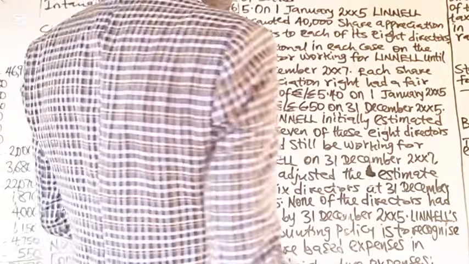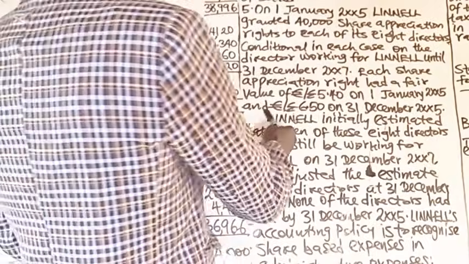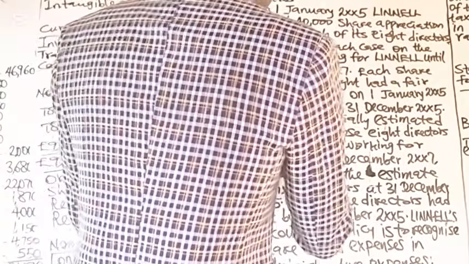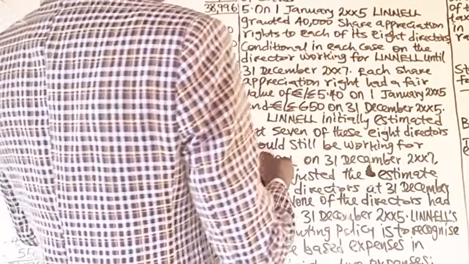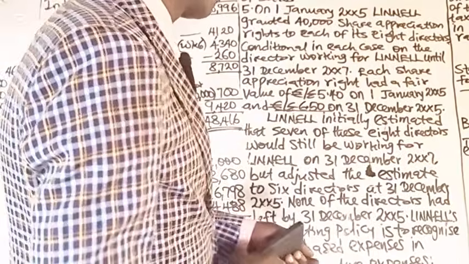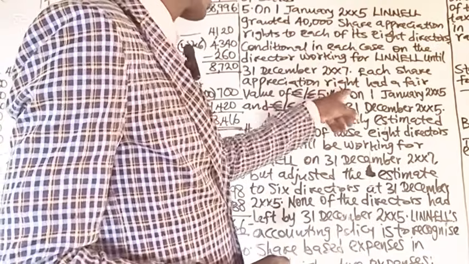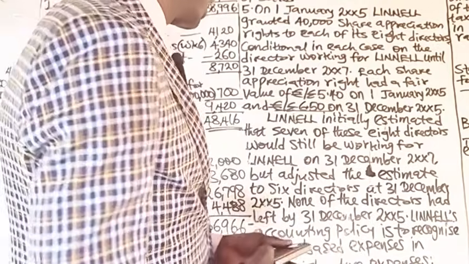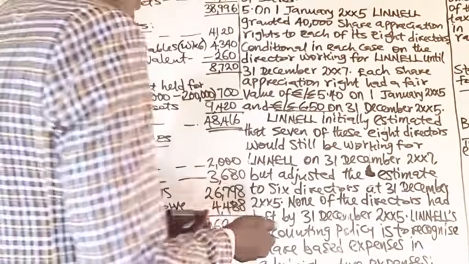So at the beginning of the year, no liability should be recognized. And 6.50 on 31st December 2005. So this value will be used at the year end to recognize the liability. Note from 2005 to 2007, that is a period of 3 years, and all this has been explained earlier.